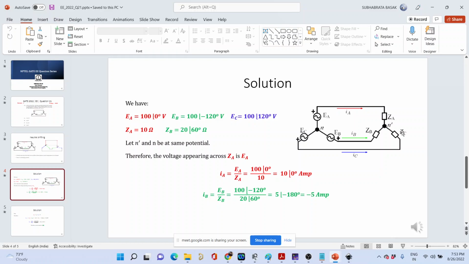Can anybody in the audience say how would you do that? If IA, IB, IC are unknown to us, EA, EB and EC are balanced source, ZA, ZB and ZC are unbalanced loads. How would you approach the sum in such a case?